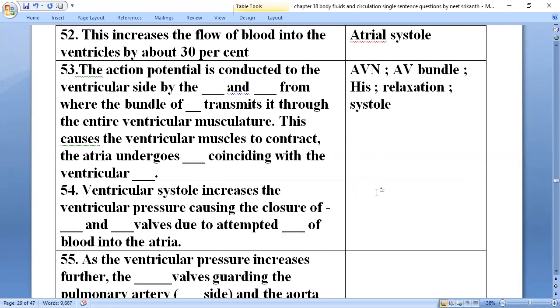Ventricular systole increases the ventricular pressure, causing the closure of the tricuspid valve and bicuspid valve due to attempted backflow.